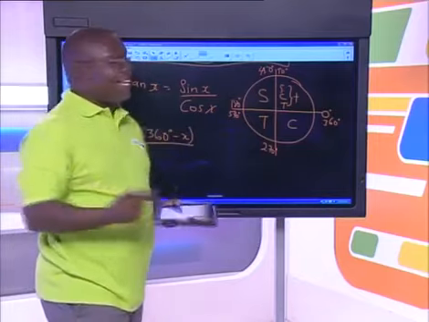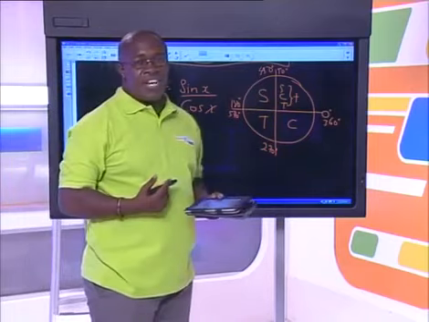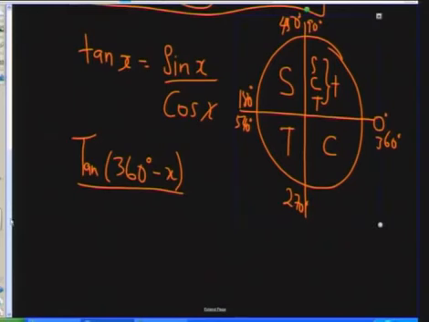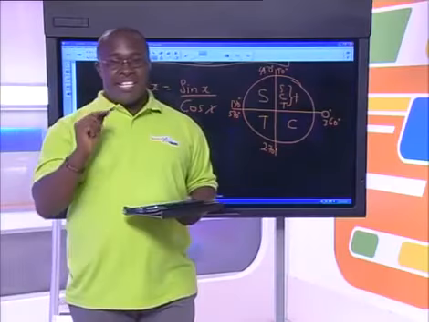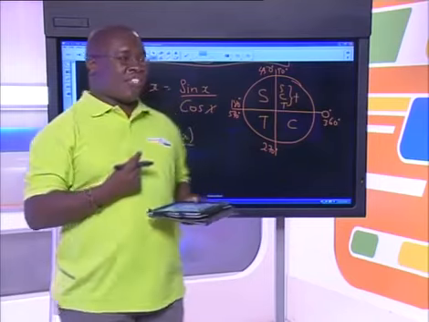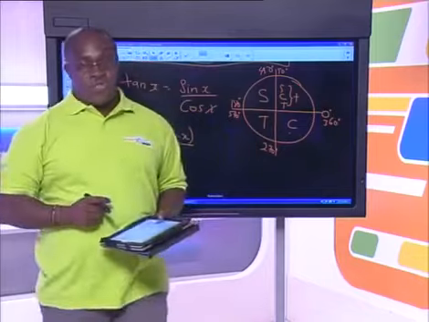We're asking, in which quadrant do we get this expression? Let's go back to our circle illustrating the quadrants. Now, 360 is here. If you subtract, you'll be going in the clockwise direction. So if you subtract x, working on the assumption that x is a value that is not more than 90 degrees, it means that it will lie in the fourth quadrant.